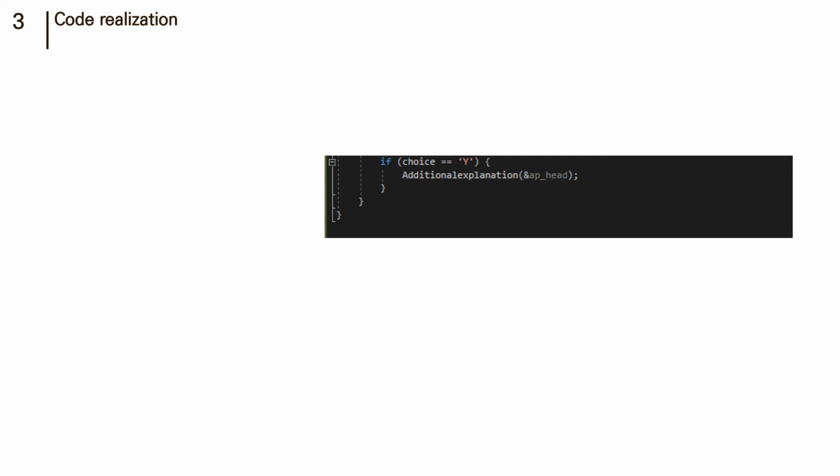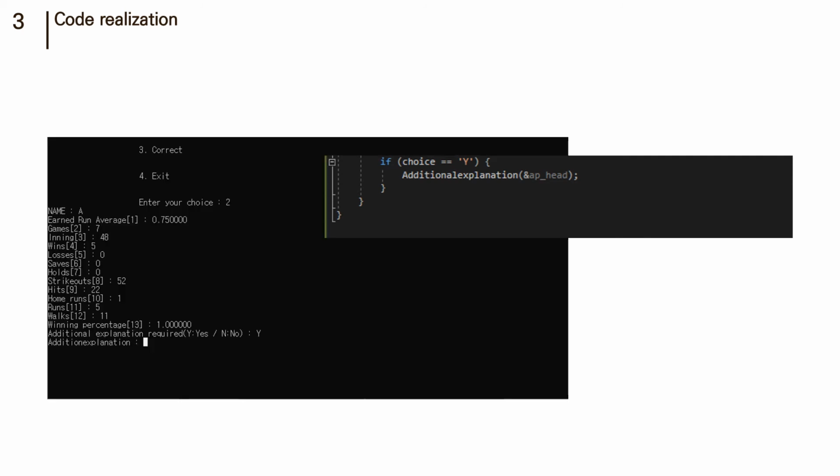You will then be asked for a choice for additional term description. Call the additional explanation function if the choice is Y, meaning yes.